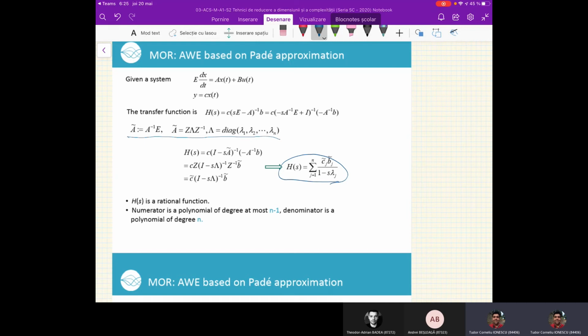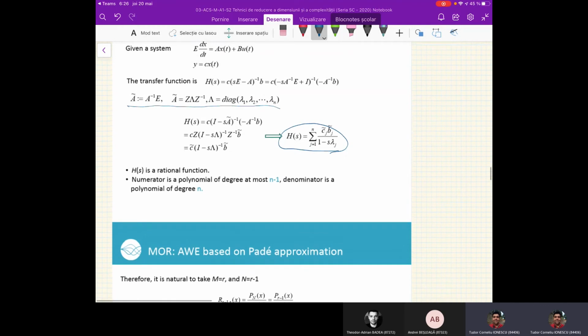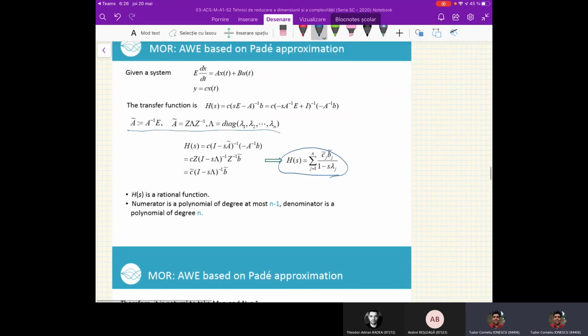This is a residue form. The numerator is a polynomial of degree at most n minus 1, and the denominator is of degree n. So it's natural to take m equal to r and n equal to r minus 1, because this is what happens when you do this. So note that this h is identical to this h.